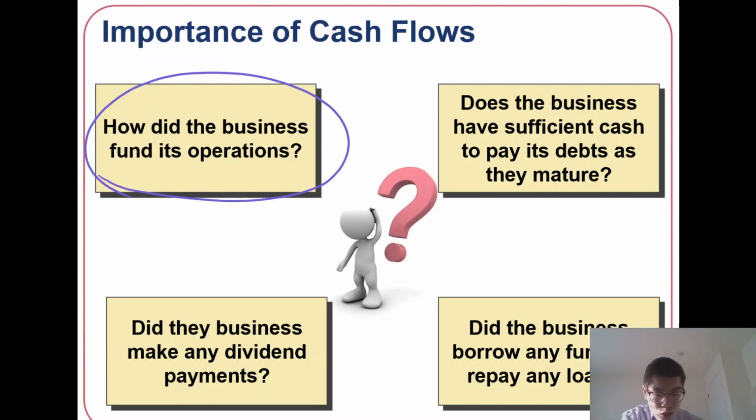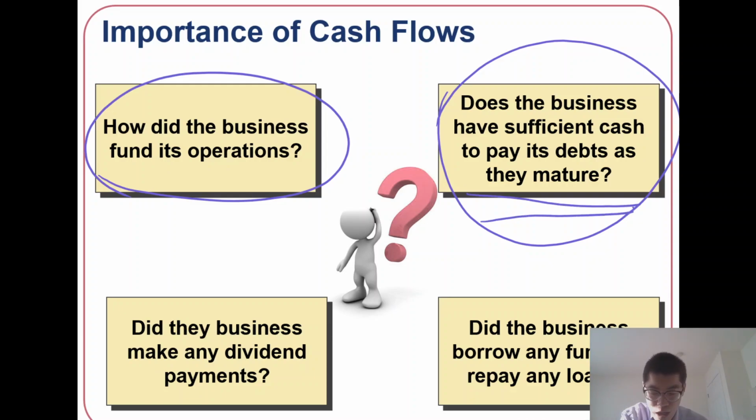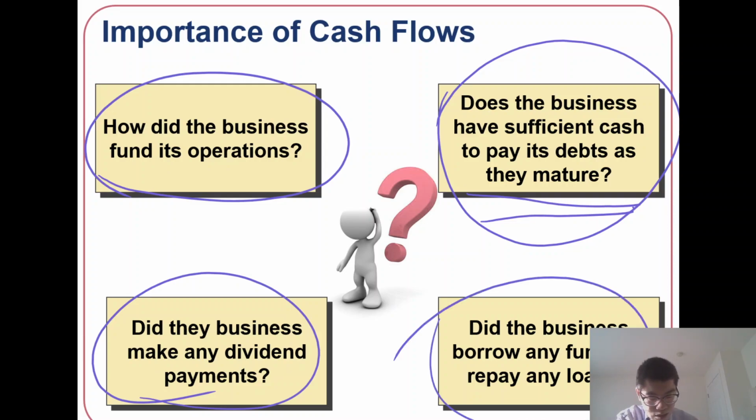Another is, does the business have sufficient cash to pay off its debts as they mature? This is one of the questions that ties back to business bankruptcy. Did the business make any dividend payments? If they did, how much are they going to pay, and do they have enough cash to pay those dividends? And did the business borrow any funds or repay any loans?